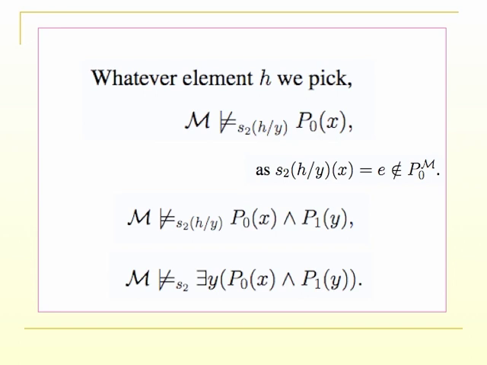Hence, S2 does not satisfy there exists y, (p0 x and p1 y) in M. So again, the answer is that the first two assignments satisfy the formula in M and the last does not.